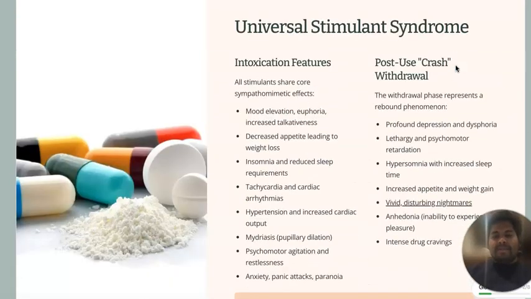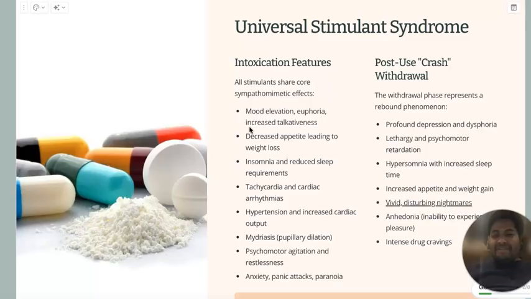Since we are talking about the stimulants, let's talk about the stimulants. There are different examples: methamphetamine, amphetamine, nicotine, cocaine. We'd like to understand the holistic clinical features of these stimulants. It's too easy.